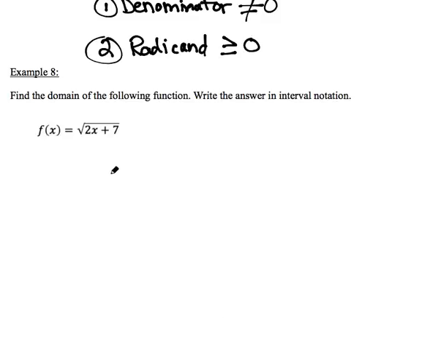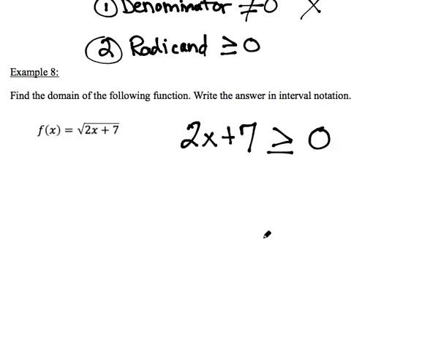So we look at this and we say, okay, well, we don't even have a denominator, so we don't have to worry about that. But we do have a radicand. And remember, the radicand is what is under the radical. So my 2x plus 7 is the radicand, and I know that that has to be greater than or equal to 0.